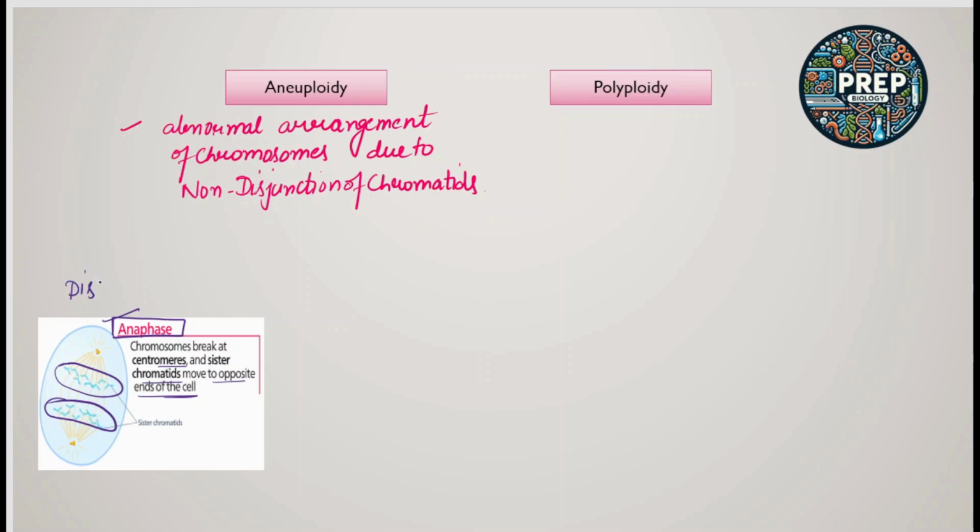This separation of chromatids is called the disjunction. But aneuploidy is the condition when there is a non-disjunction of chromatids.